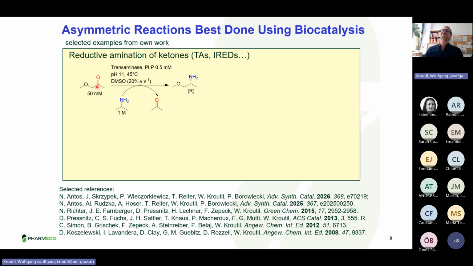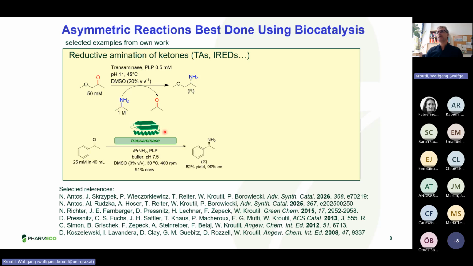Formally it's a reductive amination, but as we use a transaminase here, and transaminases belong to the group of transferases, we use isopropylamine as an amine donor as well as a reducing agent.